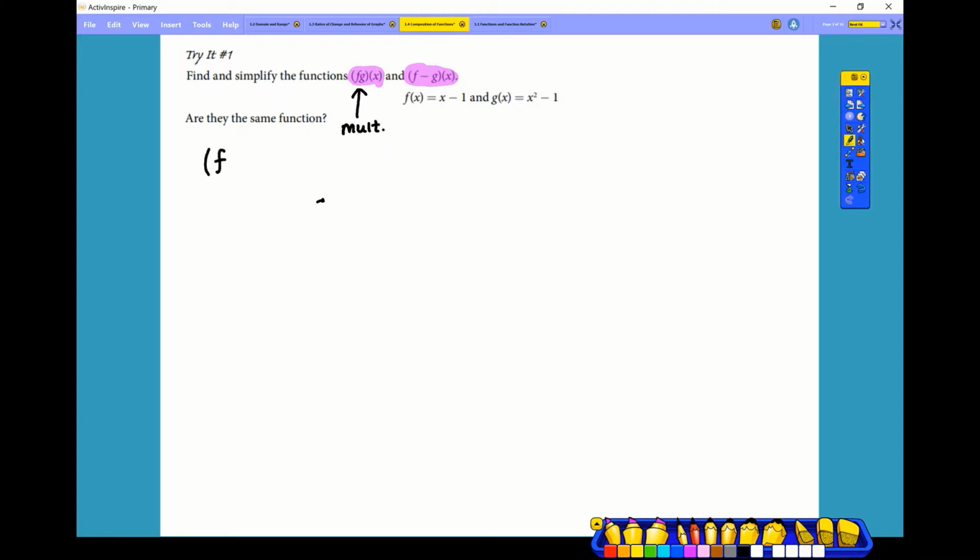So f times g of x equals, and that's how you'd say it, f times g of x is equal to f of x times g of x, which is equal to f of x is x minus 1, and g of x is x squared minus 1.